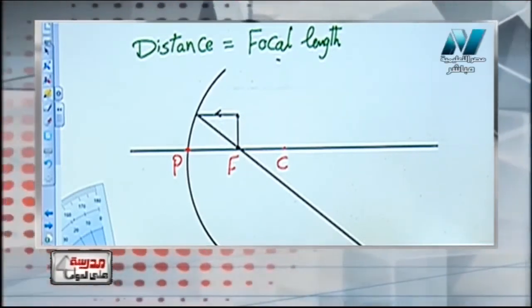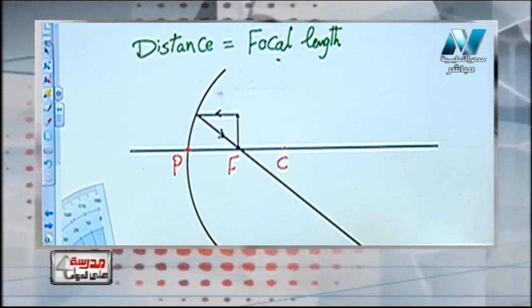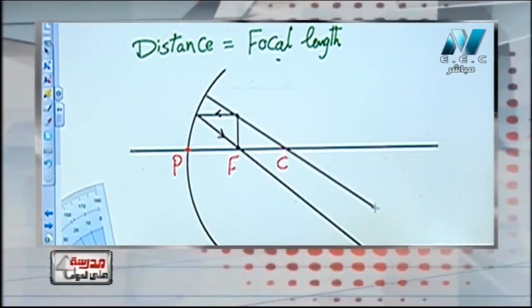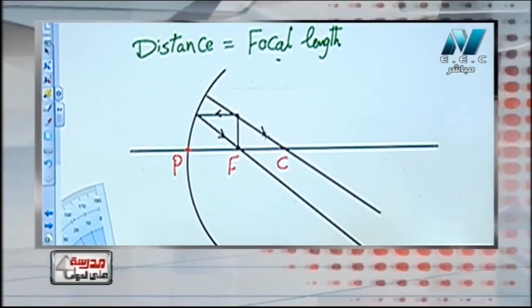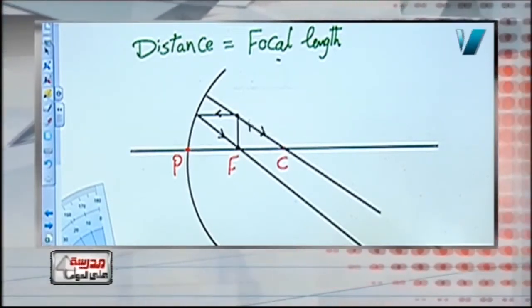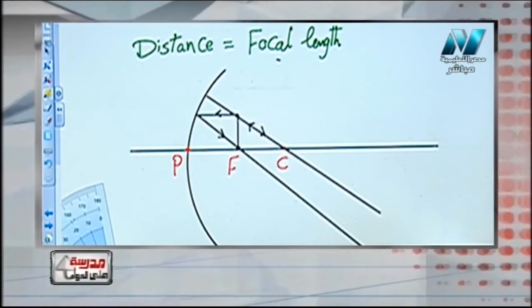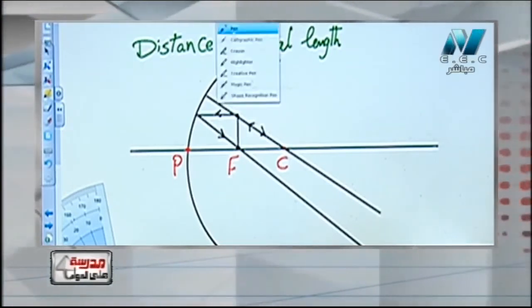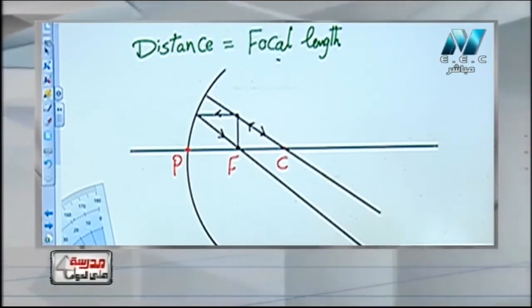In this rule, the light ray falling through the center of curvature from the head of the object reflects on itself. Here we have no intersection of the reflected rays.